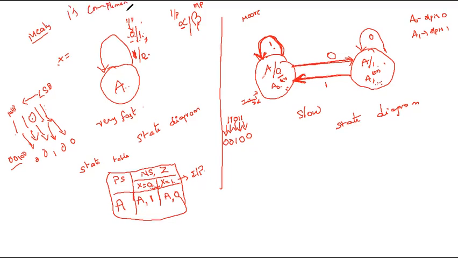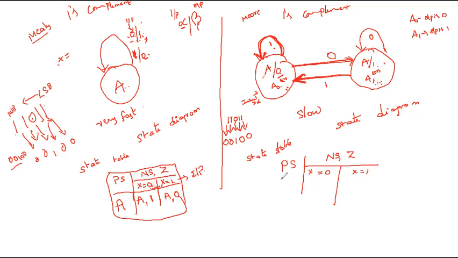Now implement the same thing for the Moore machine 1's complement. State diagram, and now the state table. Present state, next state, comma, Z. X is equal to 0, X is equal to 1.